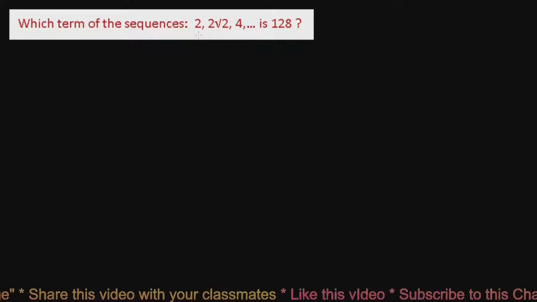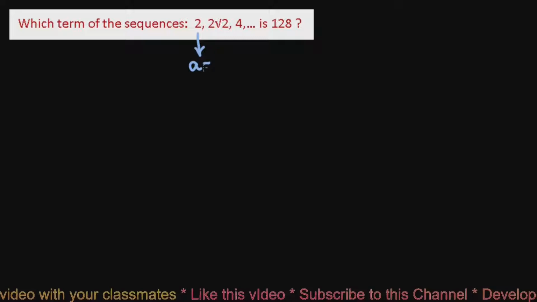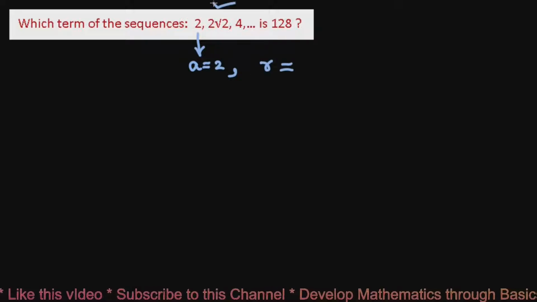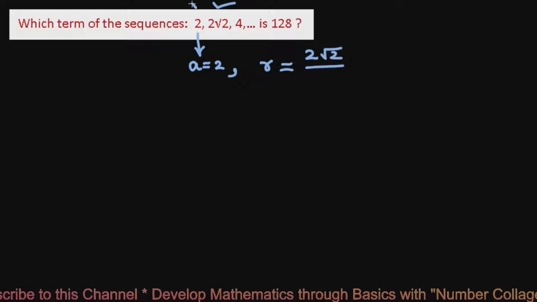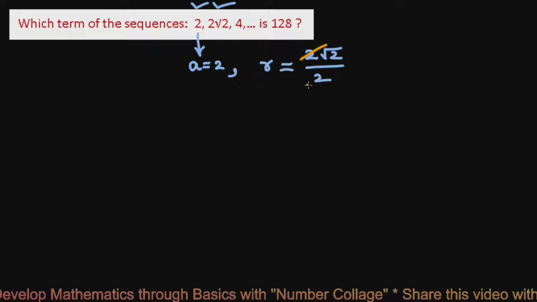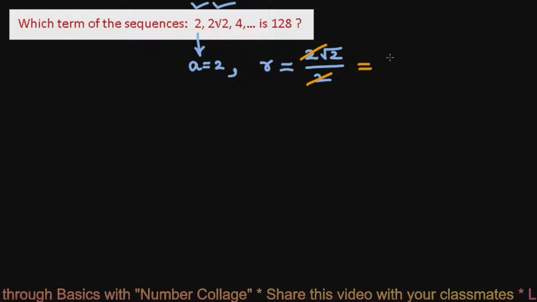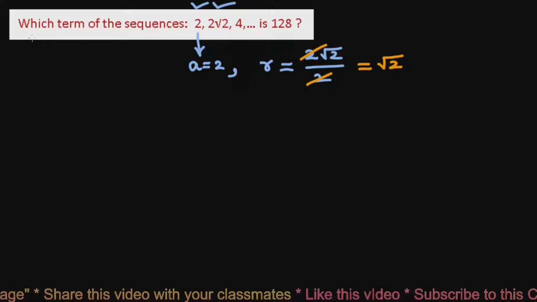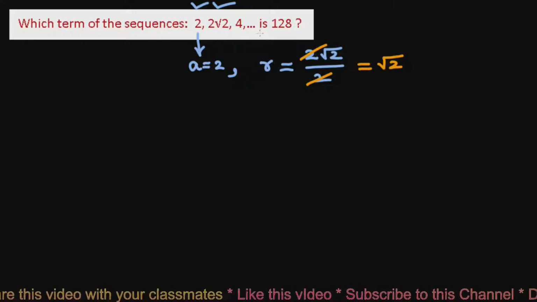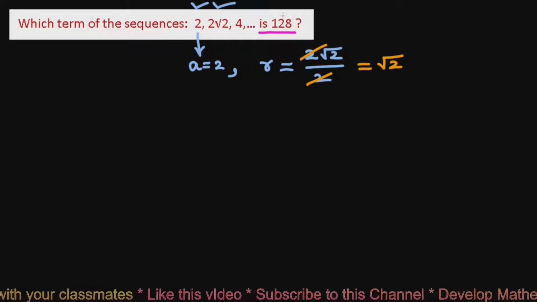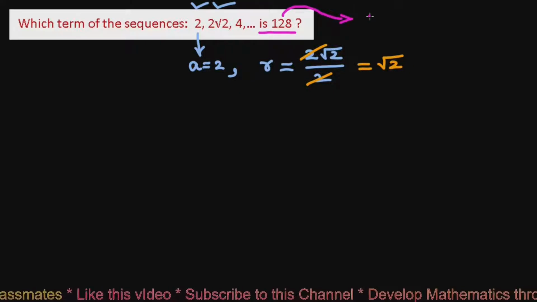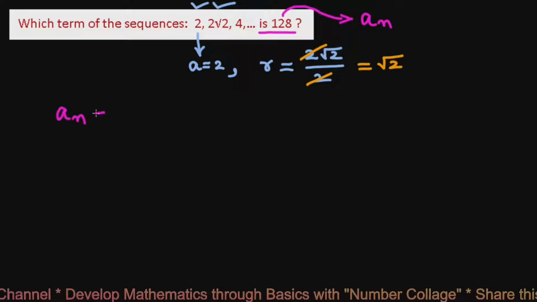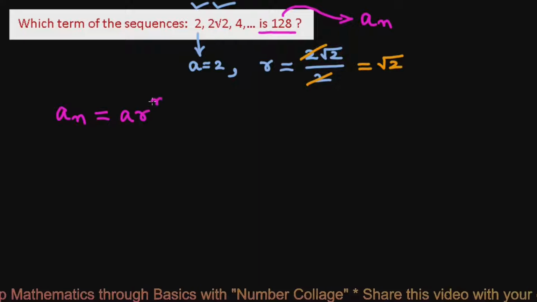In this sequence we have first term a equals 2 and common ratio r equals the second term 2 root 2 upon the first term 2. Here this 2 gets cancelled and we get common ratio r equals root 2. Now since we have to find out which term of the sequence is 128, we will assume this 128 to be the nth term an, and for a GP an equals ar power n minus 1.